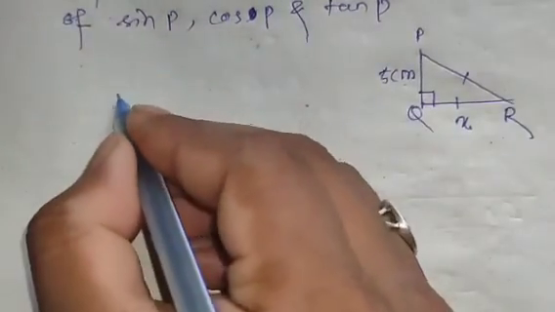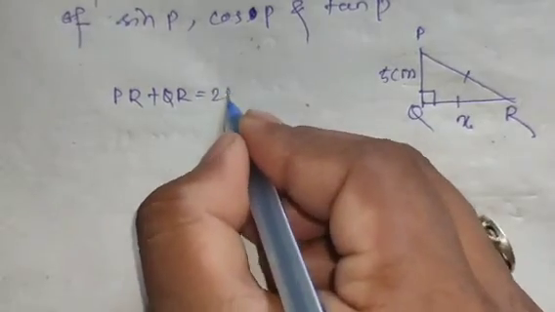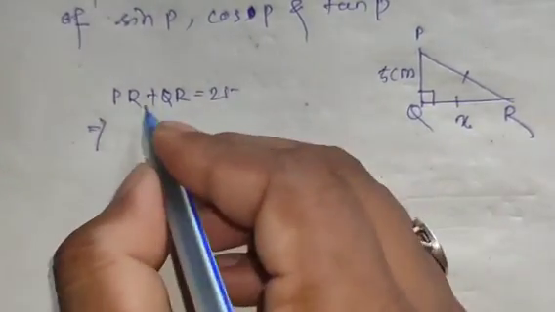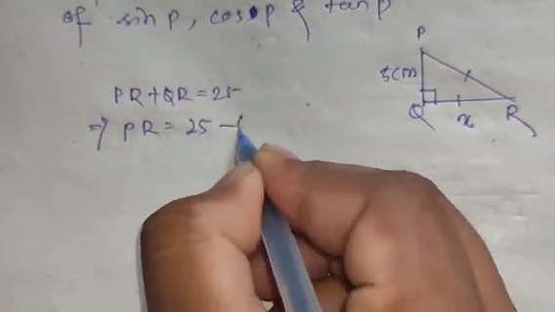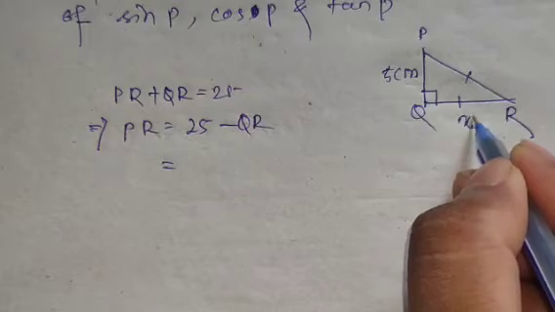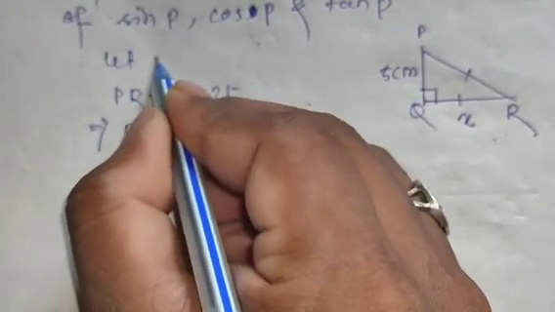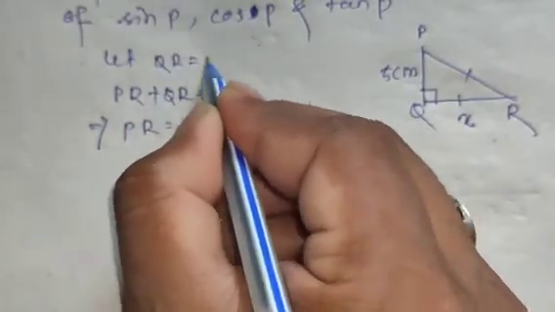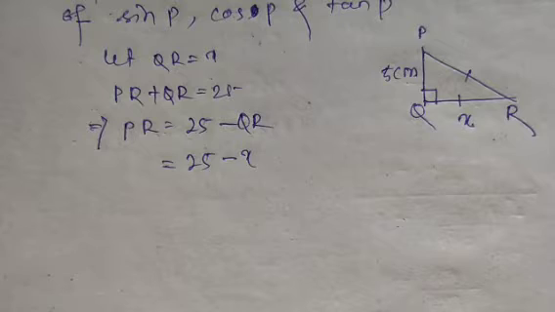So given that PR plus QR is equal to 25, this implies PR is equal to 25 minus QR. Considering QR as x, 25 minus x will be your PR.